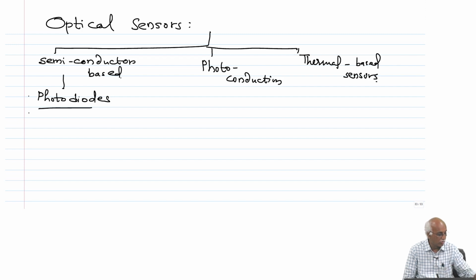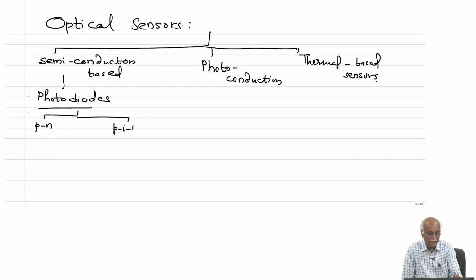We understood that reverse bias mode is useful because it lets us measure very low input power without much difficulty. Photodiodes may be based on PN junctions or PIN junctions.